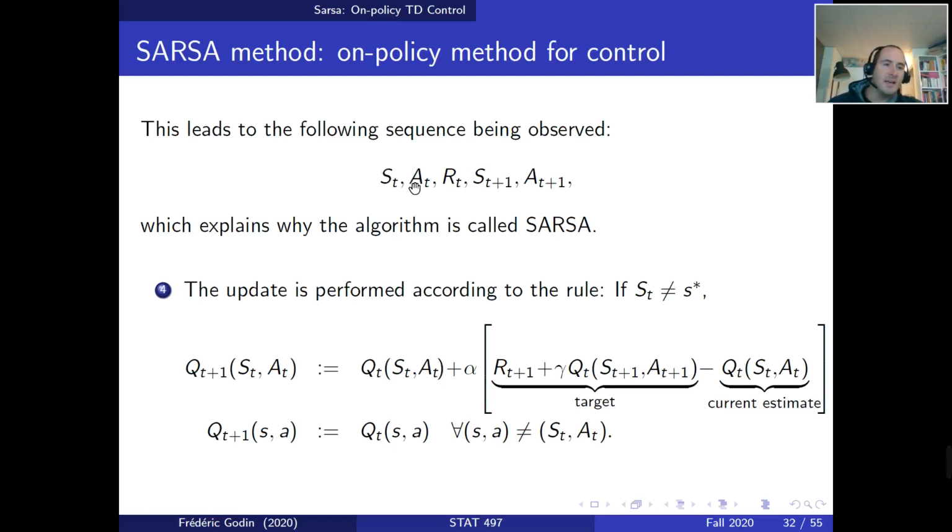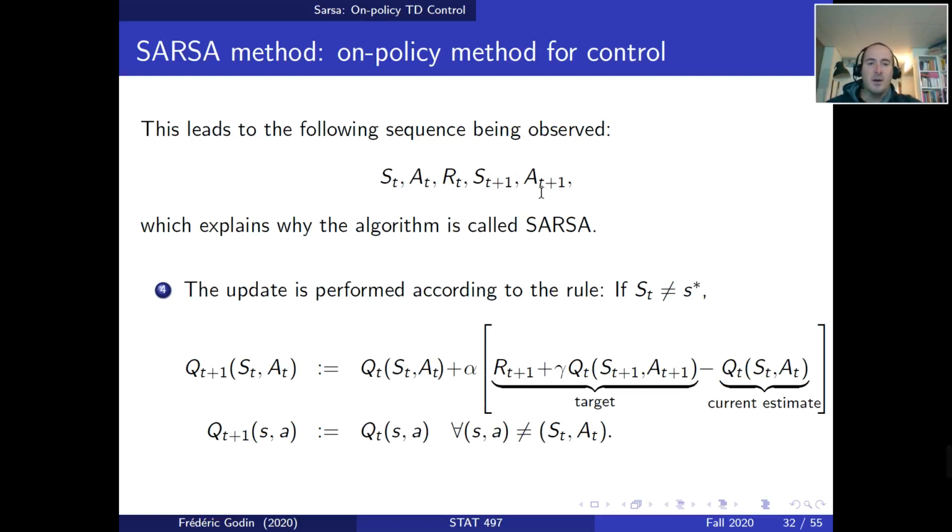You have state S_t at the previous step, action A_t, then R_{t+1}. This is a mistake on the slide, it should be R_{t+1} instead of R_t. Apologies for this. Then state S_{t+1} and action A_{t+1}.